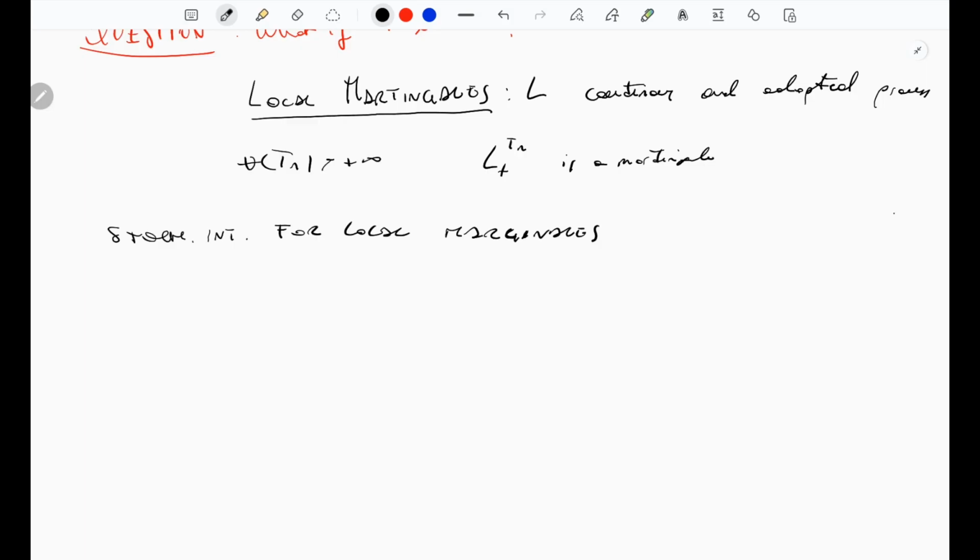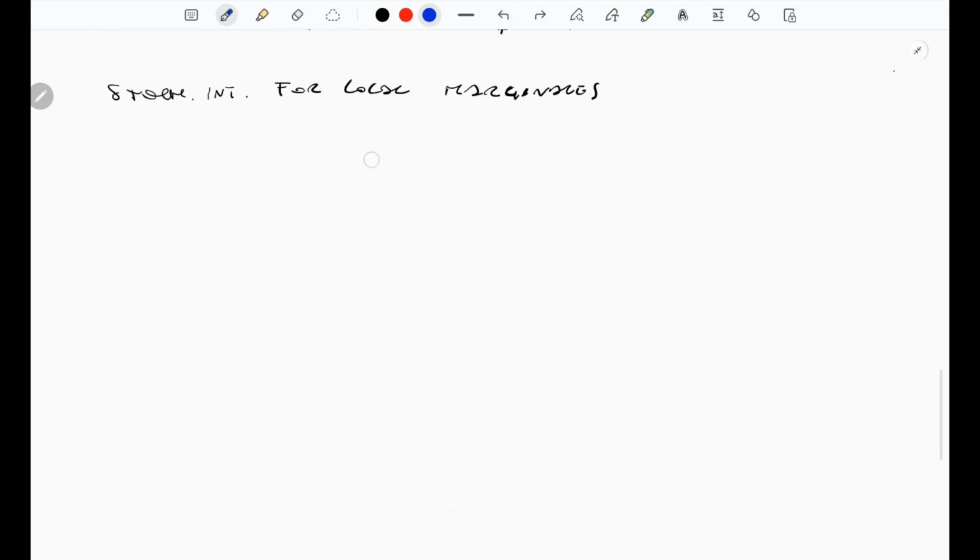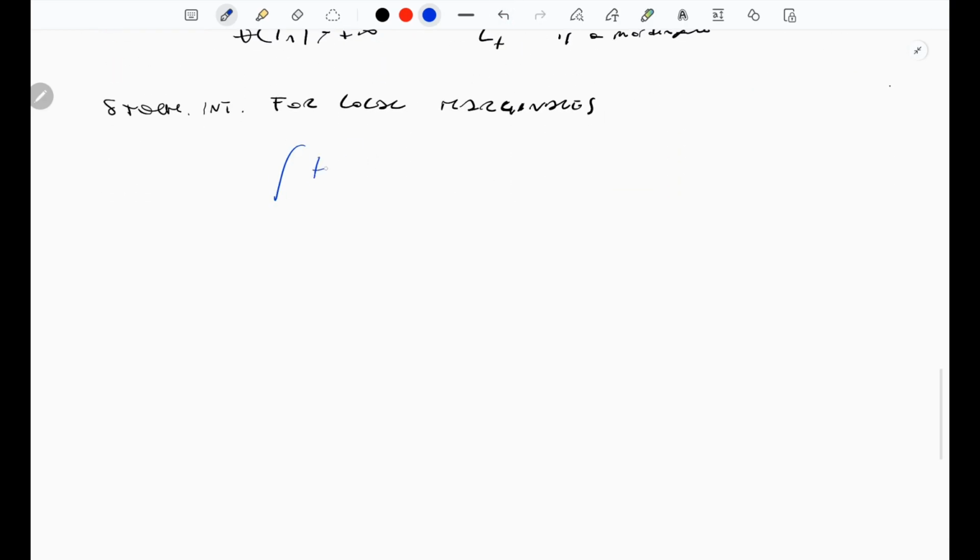Because bounding in L2 is a pretty strong claim. Here we're just saying we have a continuous adapted process such that when stopped with respect to a sequence of stopping times, we get a martingale. Okay. Then you can define the stochastic integral. Why does it work?